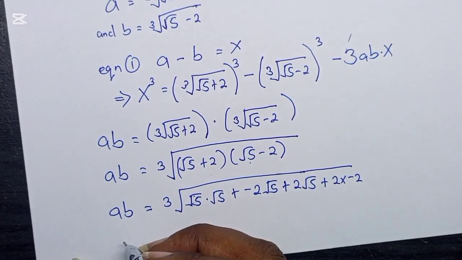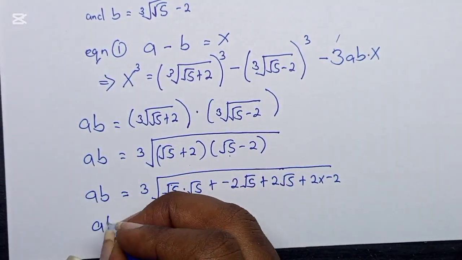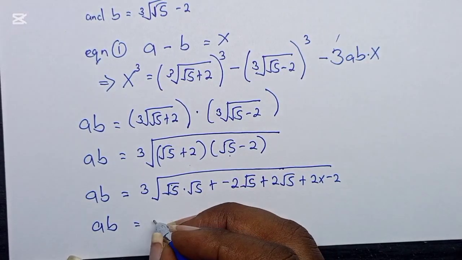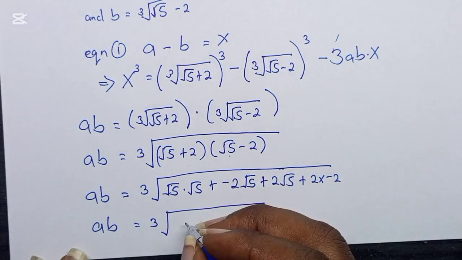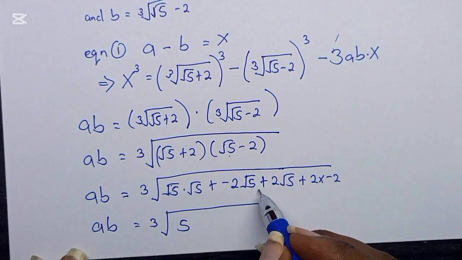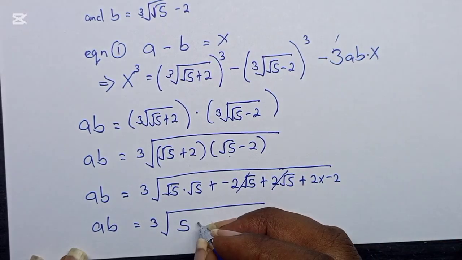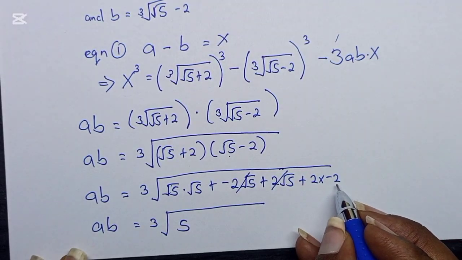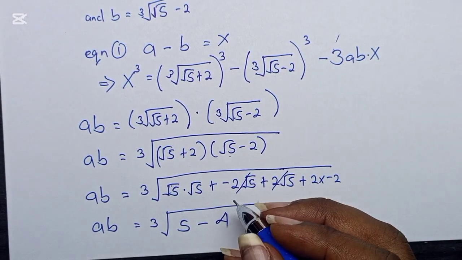So ab is equal to the cube root of 5, since root 5 times root 5 is 5. Then this negative 2 root 5 plus 2 root 5 cancel, and we are left with 2 times negative 2, which is negative 4, so minus 4.